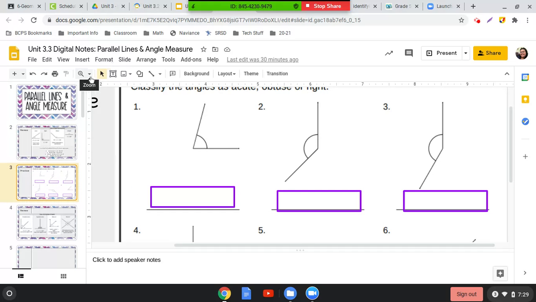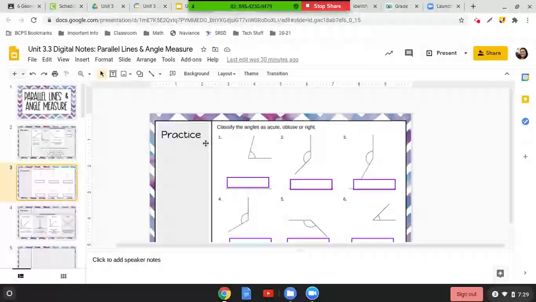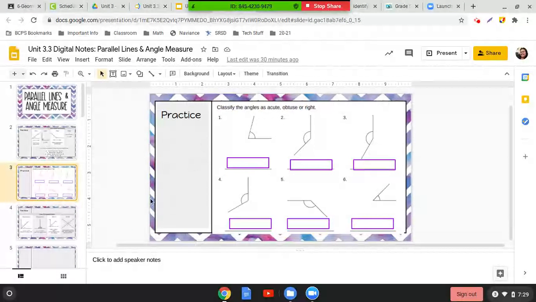So on your notes on slide 3, we have a practice slide. You're going to go in real quick, and we are going to classify each of these angles as acute, obtuse, or a right angle. It is 7:29.